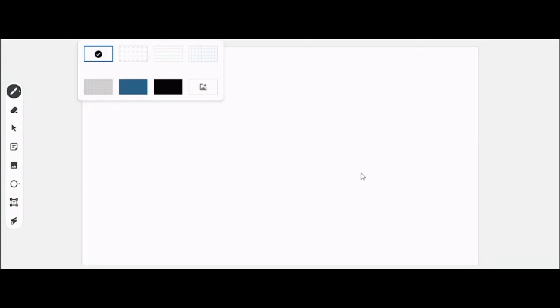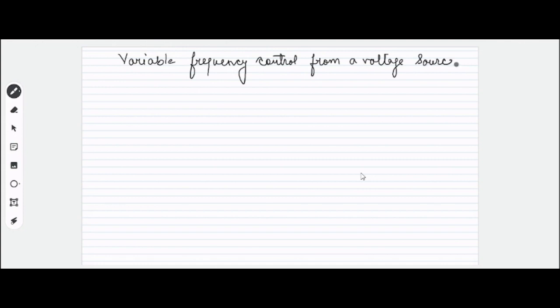Right. Let us move ahead and discuss one of the methods, that is variable frequency control, but with a variable voltage source. Now, we already know that synchronous speed is directly proportional to the frequency.